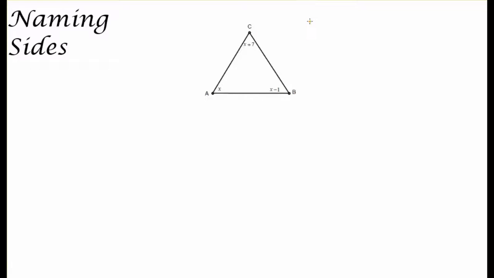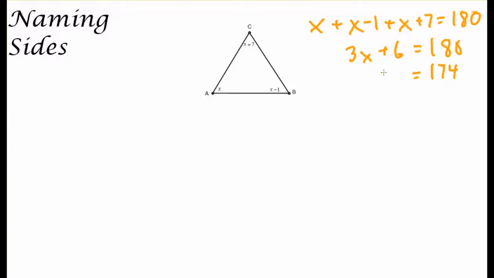Now let's flip the script and name some sides. In this problem, the angles are x, x plus 7, and x minus 1. Without knowing those values, I can simply add them together and set them equal to 180 degrees. After working algebraically, I get 3x plus 6 equals 180.